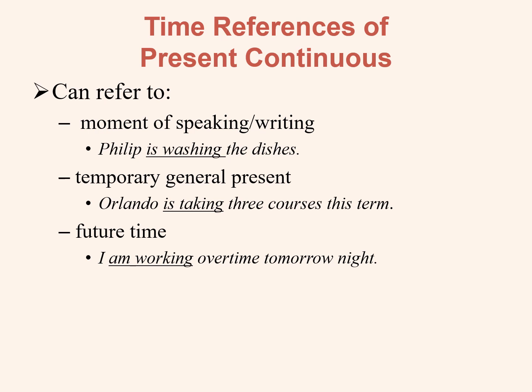In the example sentence, Philip is washing the dishes, we don't know if Philip ever washed dishes before in the past. This might be the first time that he is washing dishes. And Philip is washing the dishes does not imply that the situation will continue in the future. We don't know if Philip will ever wash dishes again in the future.